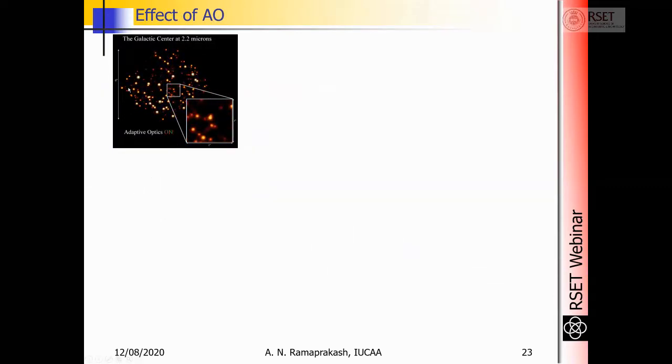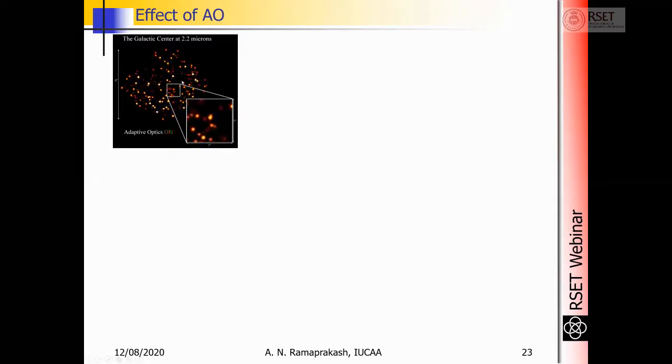In this image, you can see the view toward the center of our Milky Way galaxy. We believe that there is a very massive black hole toward the center of the galaxy, and there are many stars moving in tight orbits around the center. By measuring these orbits, you can conduct various tests of general relativity and its correctness.